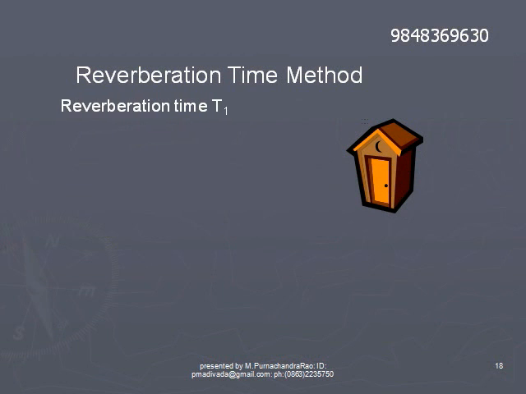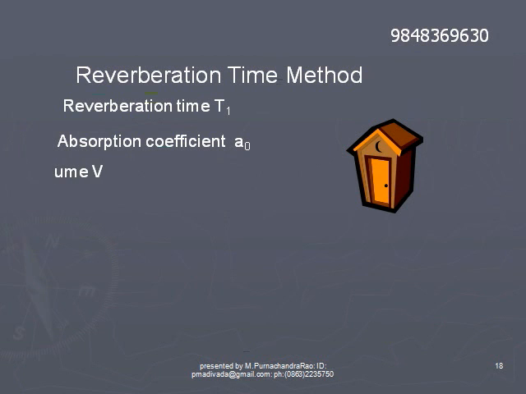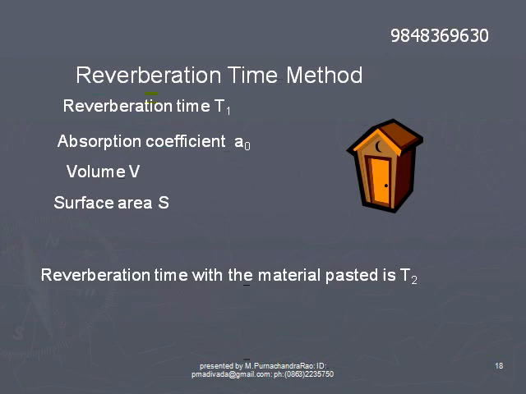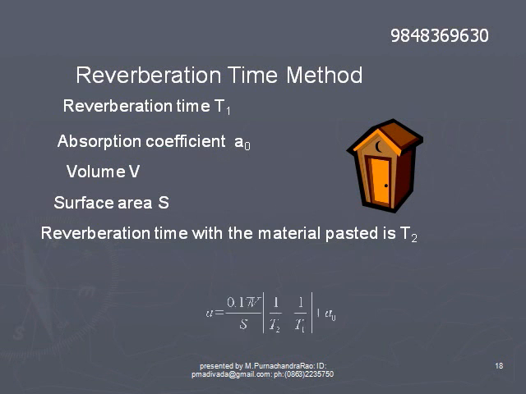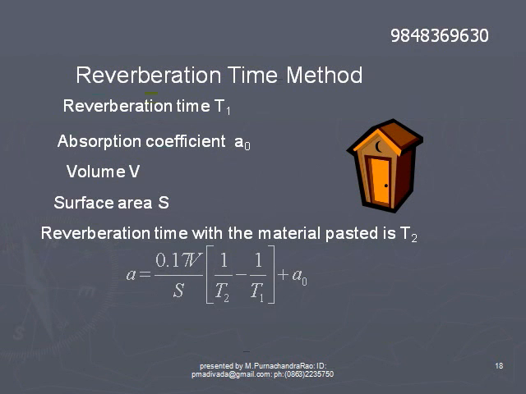Then the absorption coefficient of the material which is pasted is A and is given by A is equal to 0.17 V by S into 1 by T2 minus 1 by T1, divided by 1 by T2 minus 1 by T1 plus A0. This is the relation that is used for determining the absorption coefficient by reverberation time method.